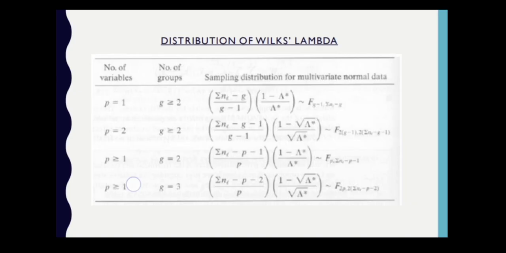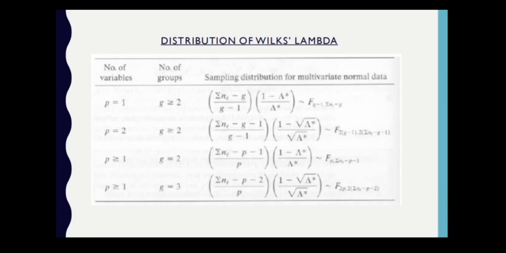We have 4 decision rules here. Semuanya gunakan F, sampling distribution of F. If p equal to 1, g more than 2, we will use this formula yang sebelum ni sebenarnya. So kita akan gunakan yang here lah.